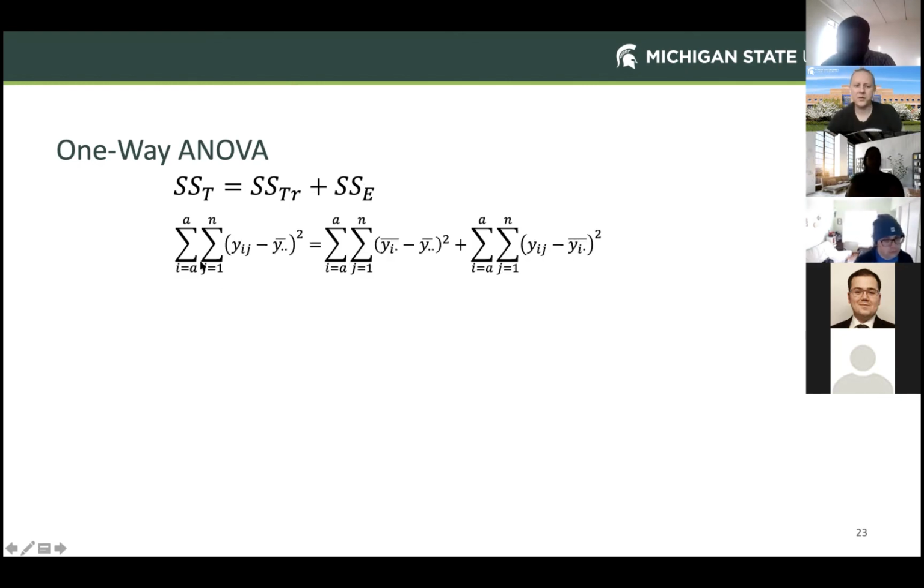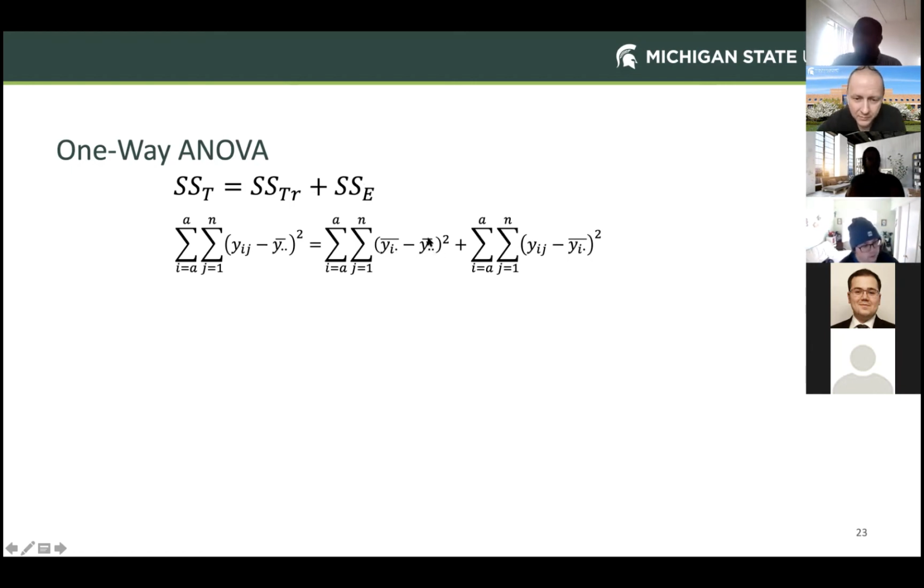Okay? And so in long form, if we have two or more groups, we can take the means of those respective groups, and those means, as you recall, are denoted as y_i dot bar. That's just telling us that we're taking the average within group i, and the dot means it's over all observations.